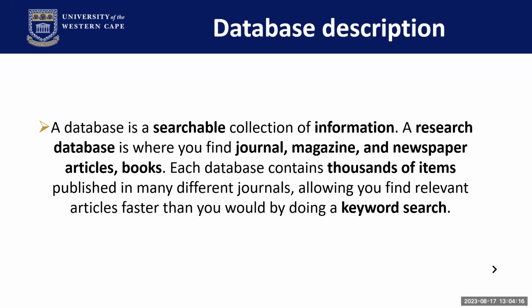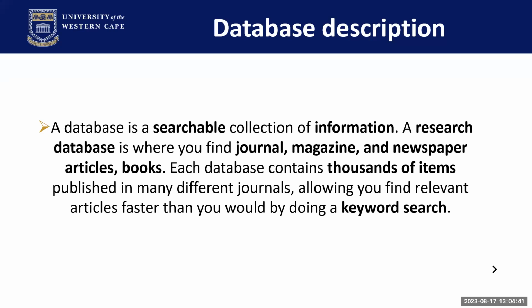So all those types of information sources, when they are collated into one search engine, they are referred to as a database. So each database may contain many items, up to thousands of items, which will be published from different entry points, some from journals, some from ebook suppliers, and so on.